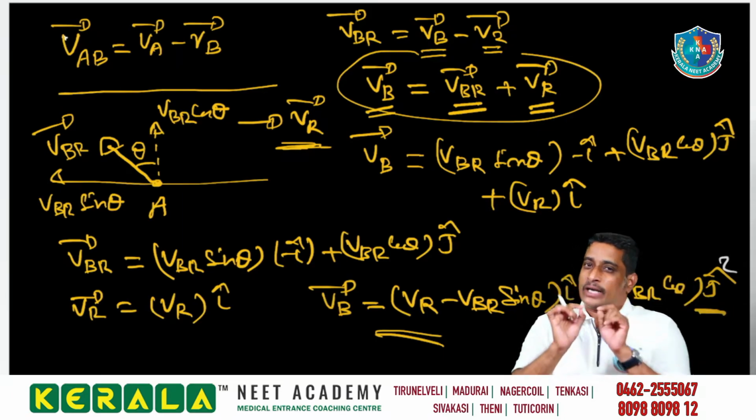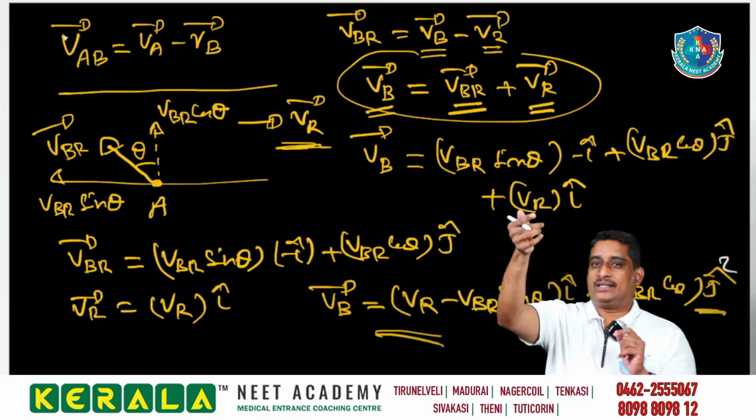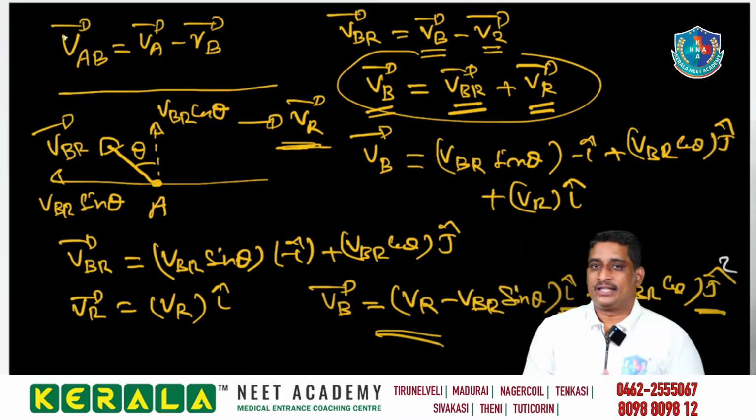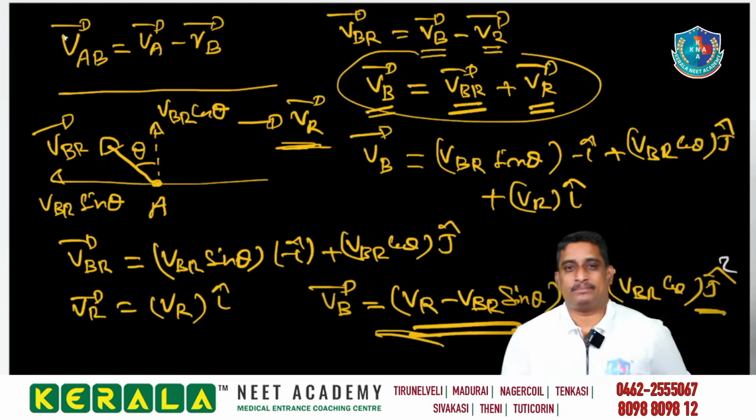To which point the boat has to reach on the other bank of the river depends mainly on the comparison between VR and VBR sin theta factors.